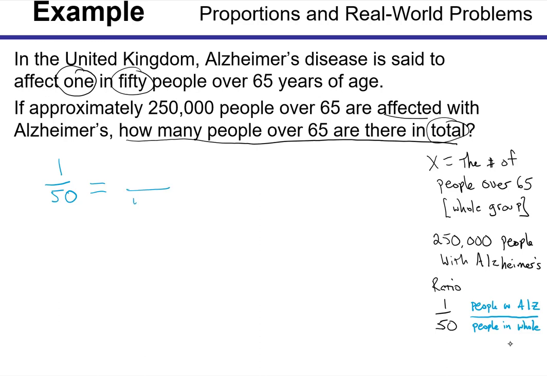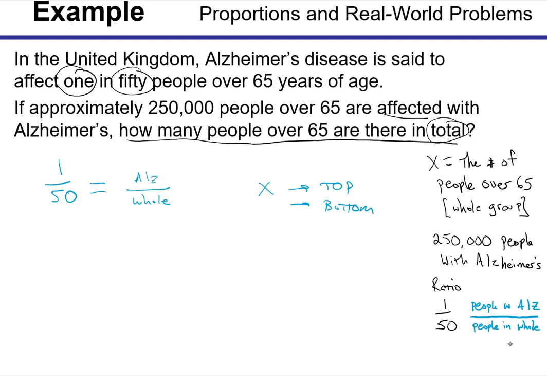And I've decided that the whole is the bottom number, and the number of Alzheimer's people is the top number. So now my question to you is, where does X go? Top or bottom? Make a thoughtful, clear decision here.